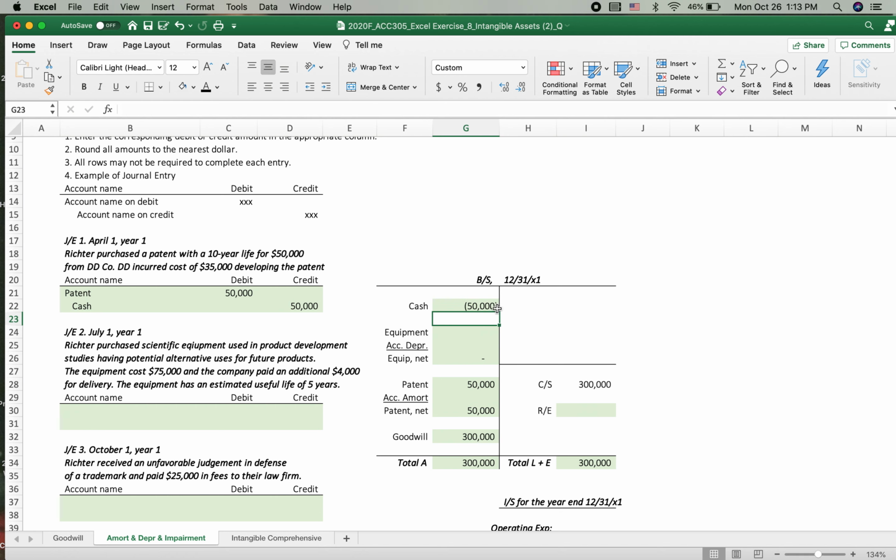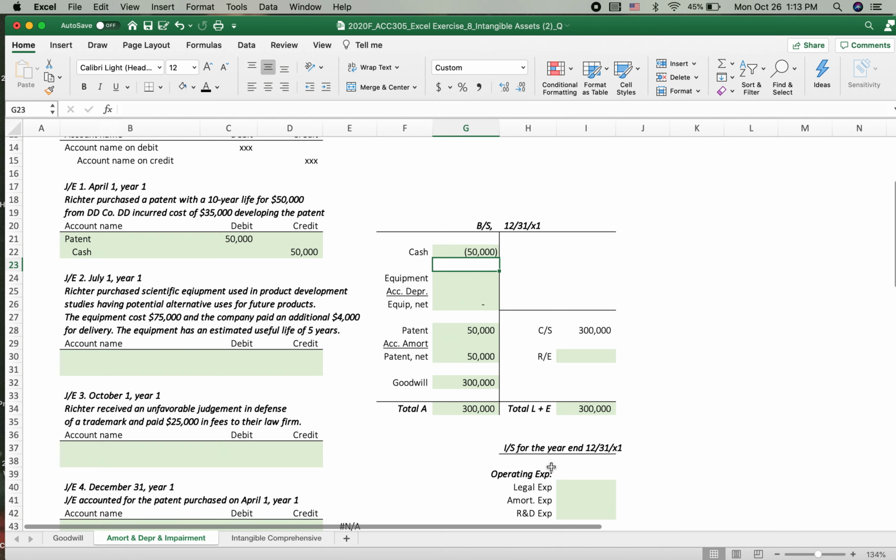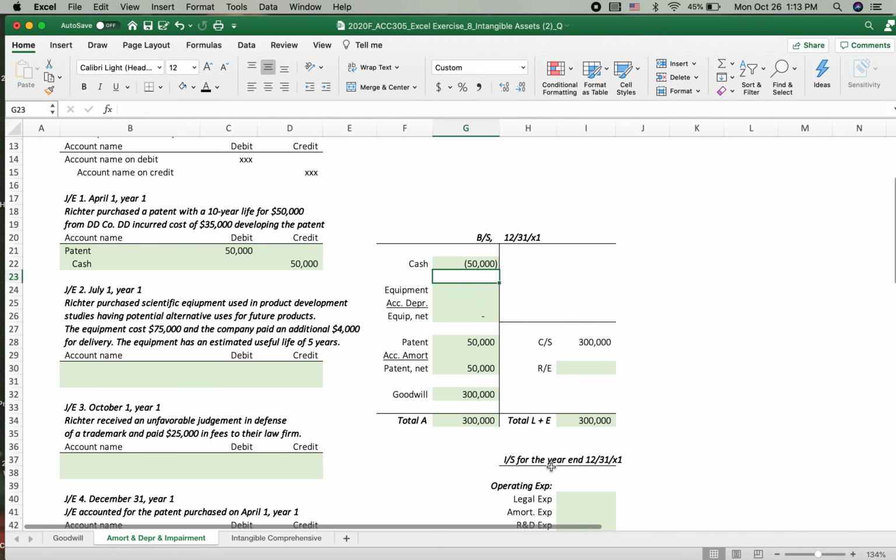Okay, I understand the negative $50,000 cash is not real, but we just assume that the company has had the cash and we want to record only these transactions. Okay, then we matched out. There are no transactions on the income statement.